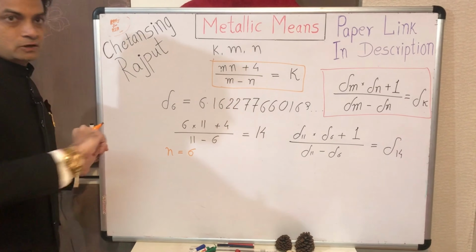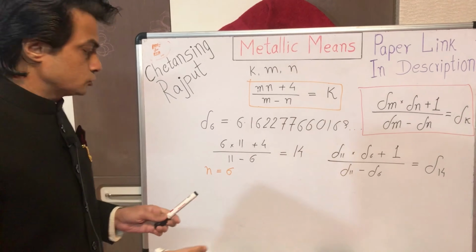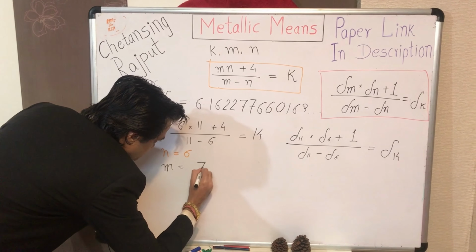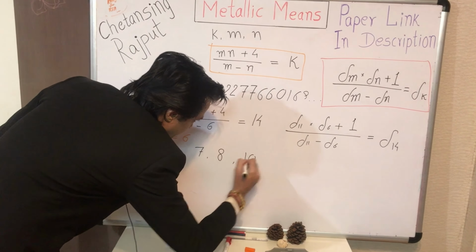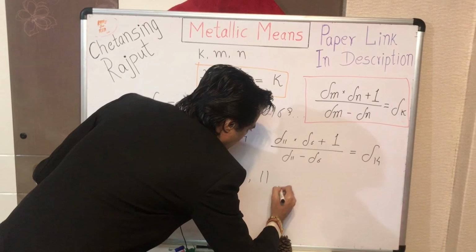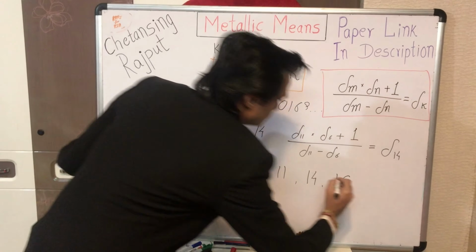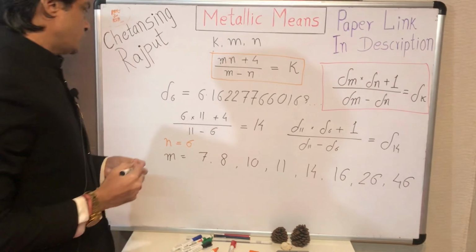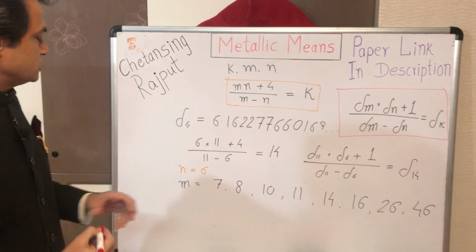Then this condition is satisfied with several other values of m, like m may be equal to 7 or 8 or 10 or 11 or 14 or 16 or 26, even 46.